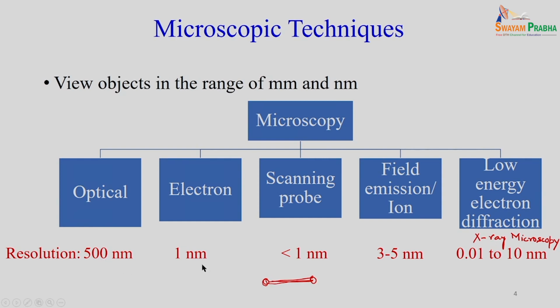For electron microscopy it is 1 nanometer or even less than 1 nanometer. For SPM it is less than 1 nanometer, up to the atomic level. Field emission or field ion microscopy is 3 to 5 nanometer, and X-ray microscopy is 0.01 to 10 nanometer. So, these are the resolutions of different microscopic techniques.